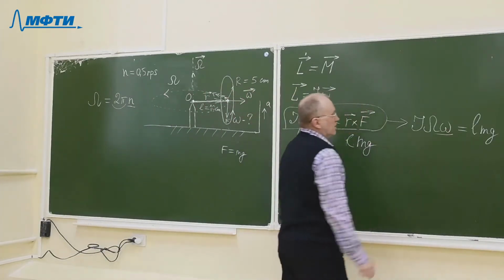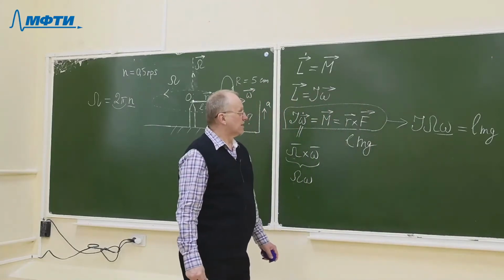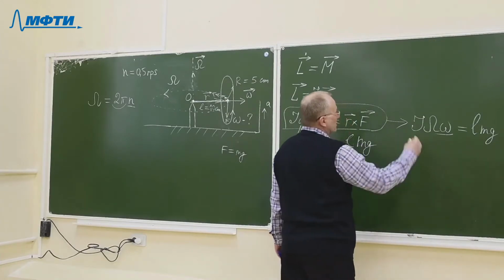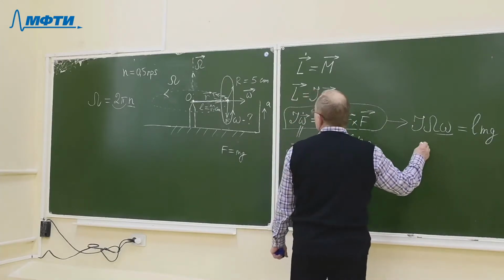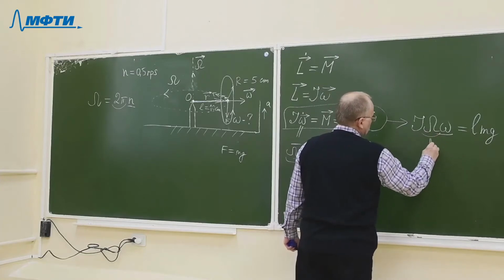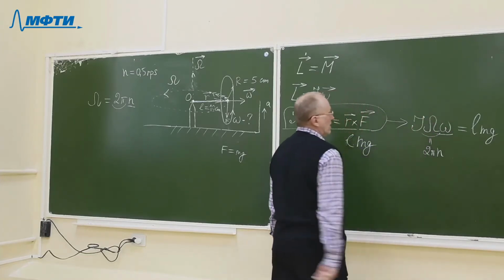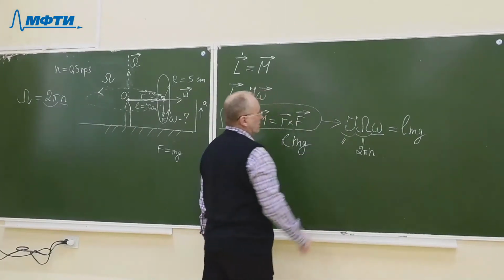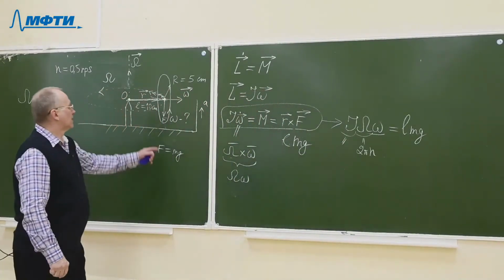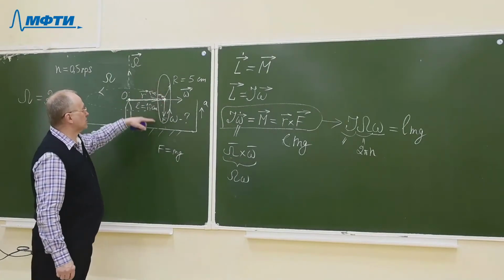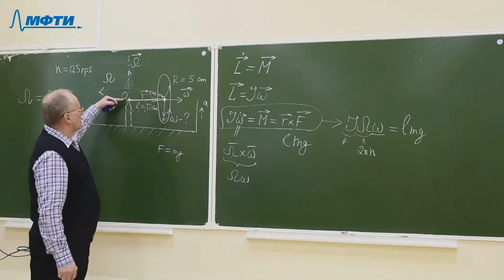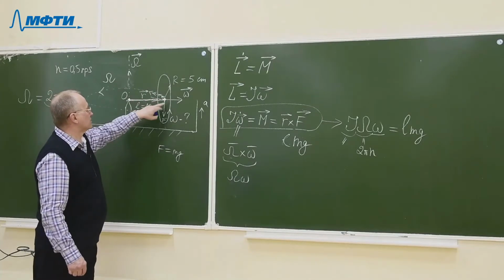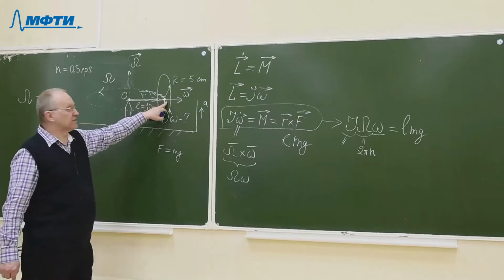And so we need to find small omega. The only thing remaining to be done here, so capital omega is just 2 pi n, is to present the value for the moment of inertia of this rotating disk about the axis of rotation, which is perpendicular to the disk and going through the center of mass.